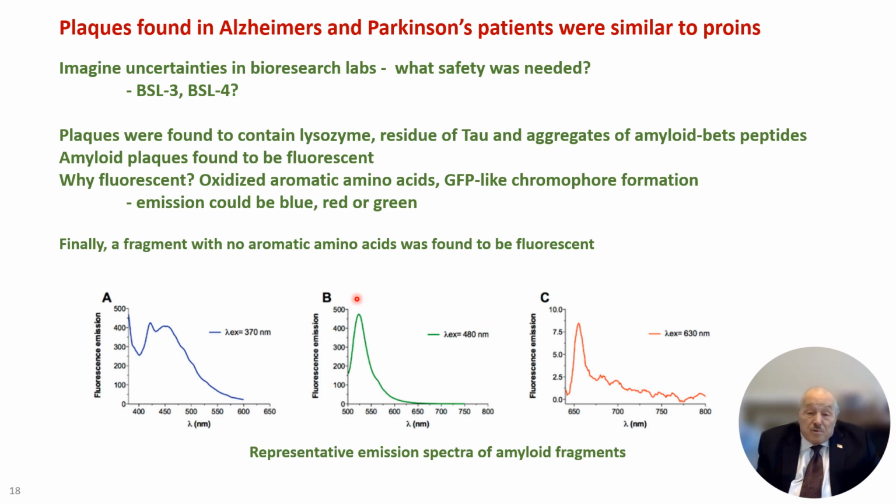But it was proved absolutely that there were no phenylalanine, tyrosine, or tryptophan residues in these plaques. Well, they might have been in the plaques, but the stuff that was fluorescent didn't have to have any of these aromatic amino acids in it. And the plaques turn out to even have different emission spectra. So where did this come from?